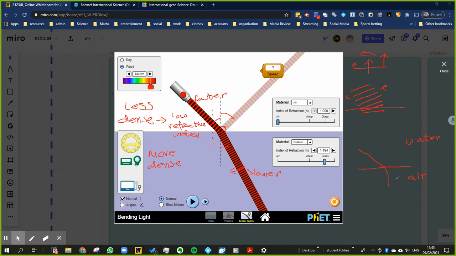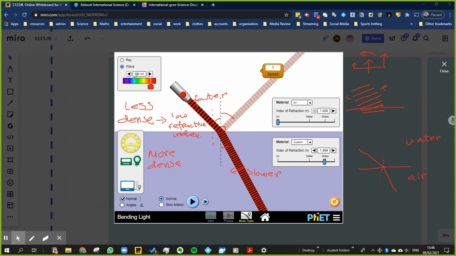I can't draw a straight line there. Look, that's a bit better. This one would move towards the normal, like that. So this time it's the other way around, and that's because sound travels more slowly in less dense mediums.